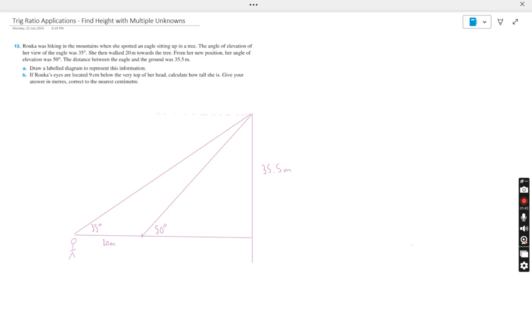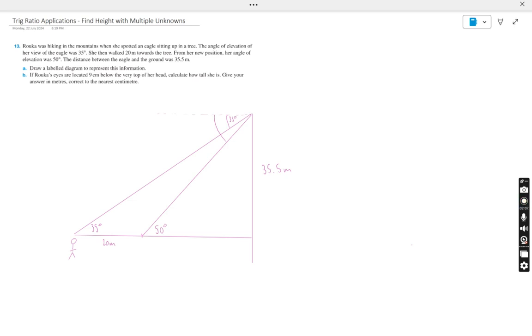So if this 35 degrees angle of elevation down here, what that means is that this angle up here is also 35 degrees. And if this is 50 degrees down here, it also means that this angle up here, that I've just drawn in, is 50 degrees.